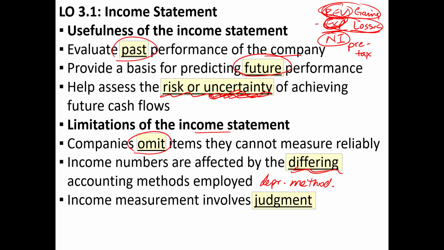But if the depreciation method is discretionary, that affects the expense that's reported, and therefore whether that expense is consistent across the years and across different competing companies. Income measurement involves judgment. Of course, there's judgment. For instance, depreciation is a judgment, but also bad debt expense.